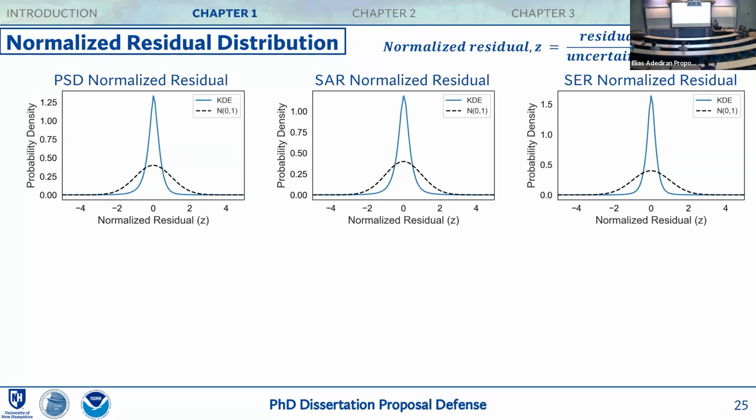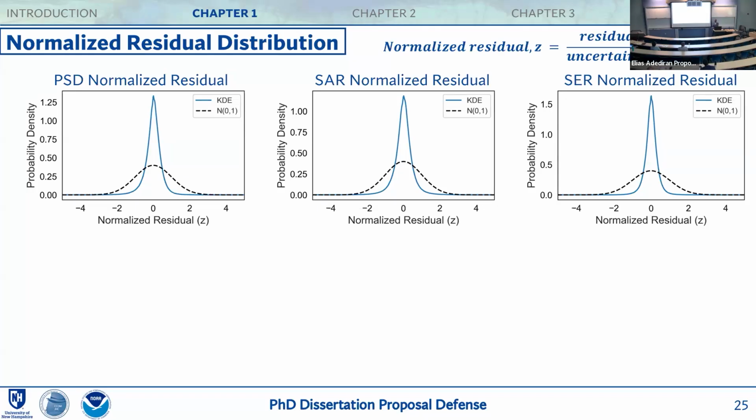In essence, that is scaling the true residual by the uncertainty. And if the uncertainty models are perfectly calibrated, what we should have is a standard normal distribution with a mean of 0 and a variance of 1.